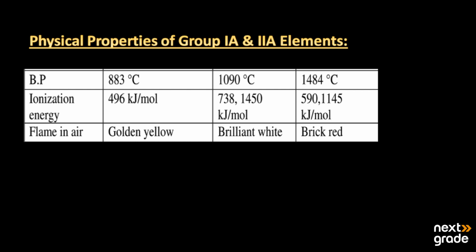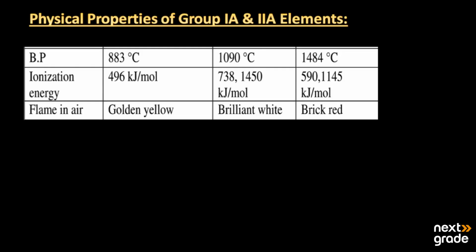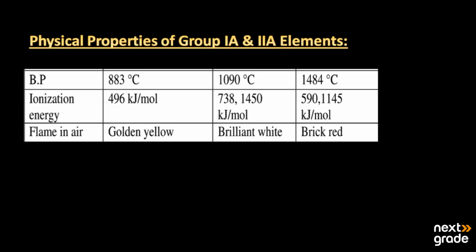Then we will talk about their boiling point and their ionization energy. The boiling point of sodium is 883 degrees Celsius, of magnesium is 1090, and of calcium is 1484 degrees Celsius.